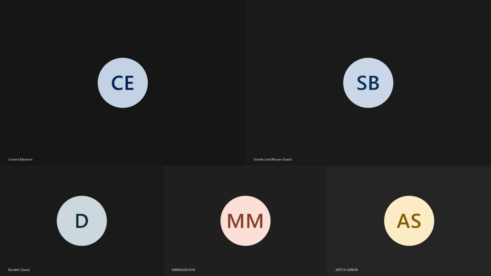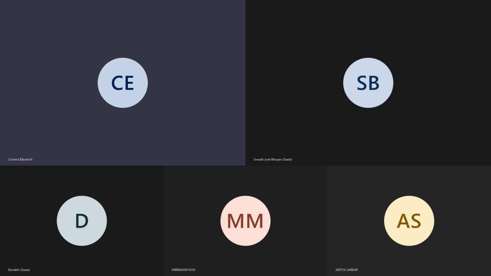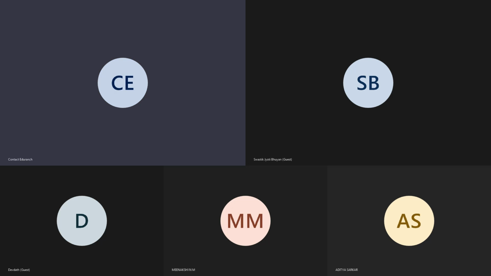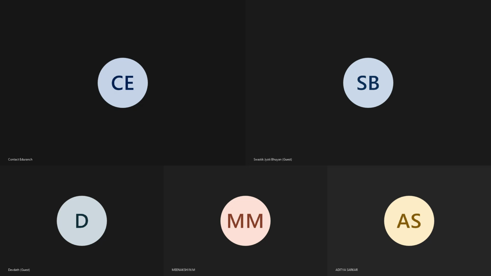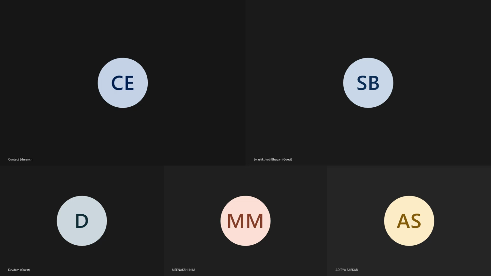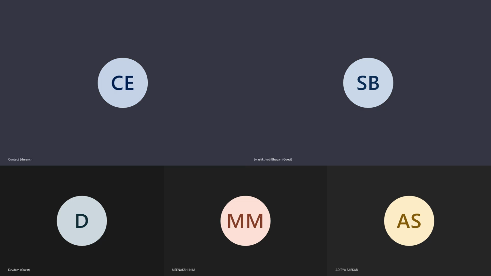So you have to write a program to print numbers 1 to 100 using a for loop. So this time let's start with Swastik. Swastik, you're going to show the screen first.